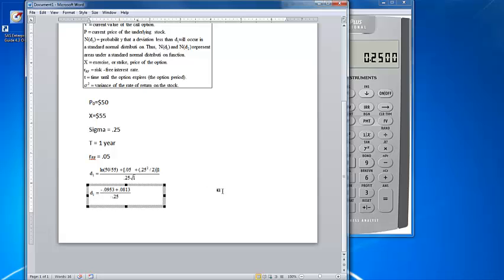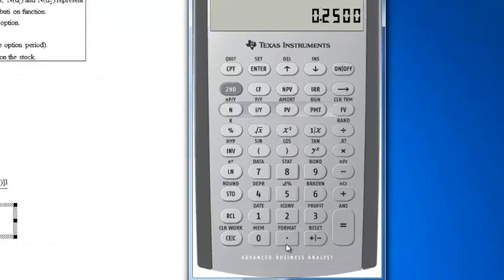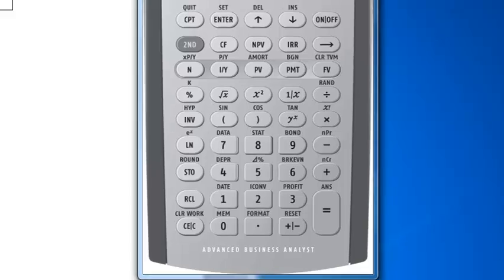And so our D1 is going to be equal to negative 0.0953 plus 0.0813 divided by 0.25, or negative 0.056.